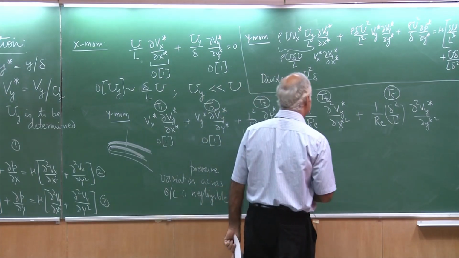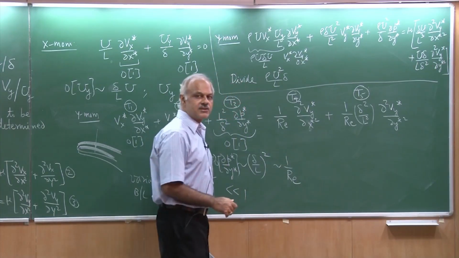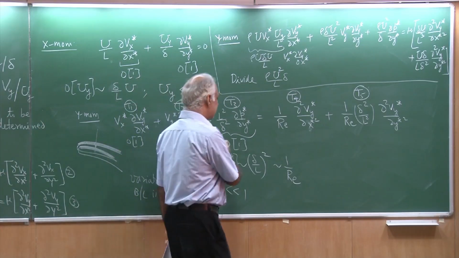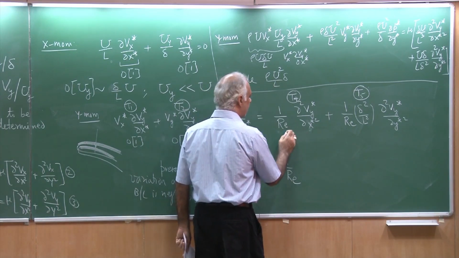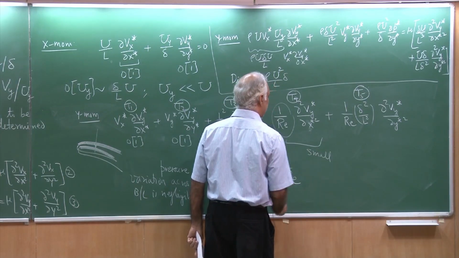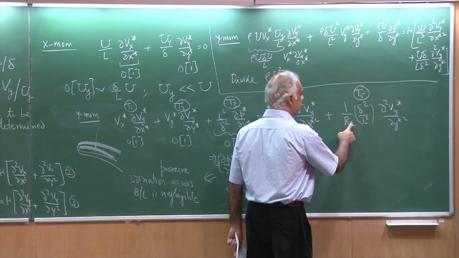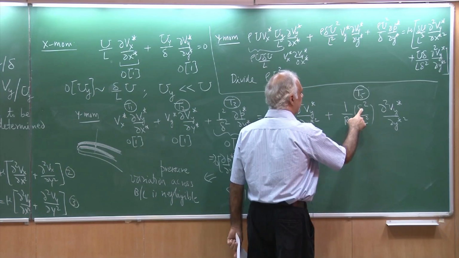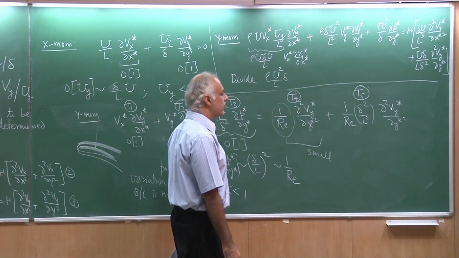Let's come back to these terms. I already know that these two are the viscous terms and they cannot be larger than order of 1, because that's the maximum that I can have. Out of that, this term is small because it's of the order of 1 by Re. This term, on the other hand, could be important, because I have delta square by L square varying as 1 over Re.